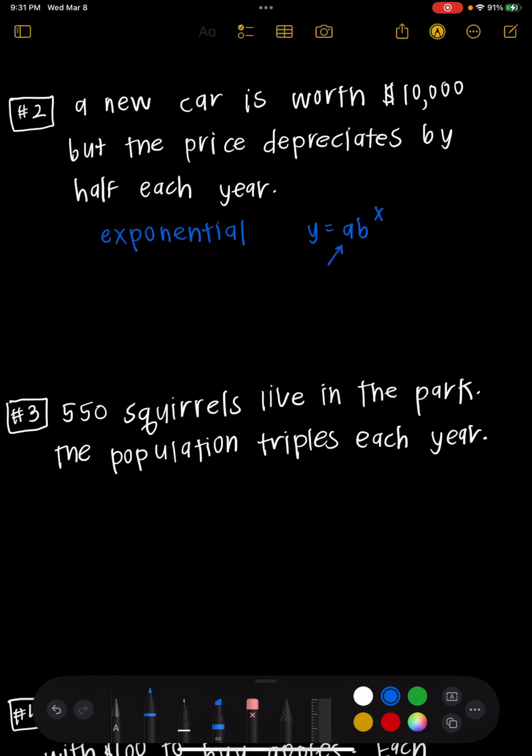Your a, in this case, is your starting value, and then the b is what's changing every time. So the starting value of the car is $10,000, which means I'm going to say y is equal to 10,000. And then our b is what's changing every time. Well, it's depreciating by 1/2, or it's multiplying by 1/2 is another way to say it. And so that b is 1/2 to the power of x. And this is the exponential equation to represent the word problem.